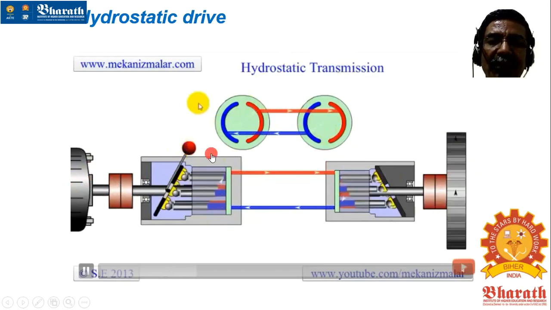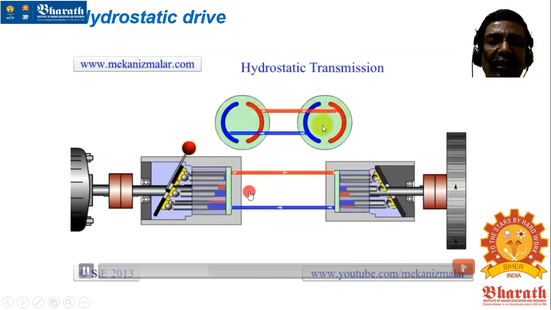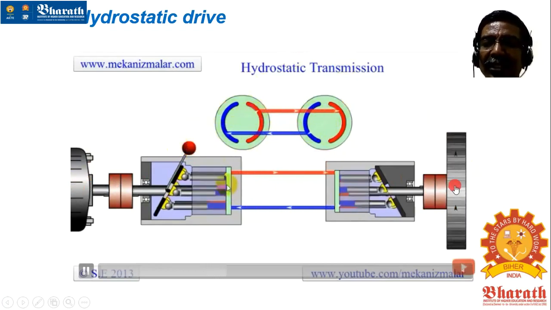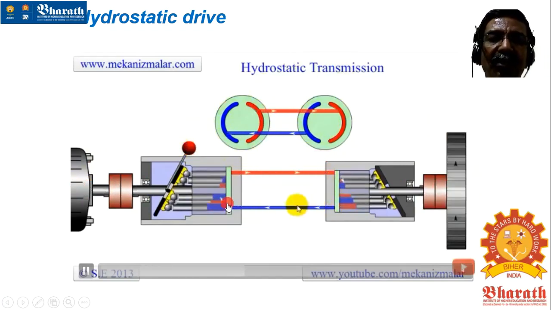Now I put the lever in the right extreme, so that whatever speed it rotates, the same rotation speed, RPM, you will get in the output shaft. So this is how the hydrostatic drive is functioning, and you can Google it by typing the keyword swash plate.